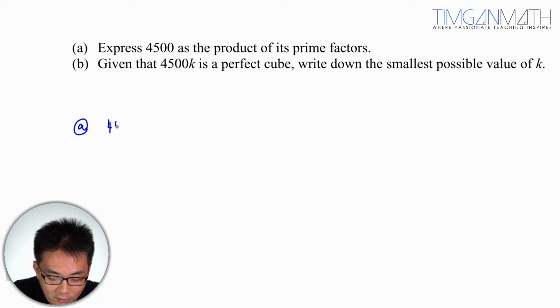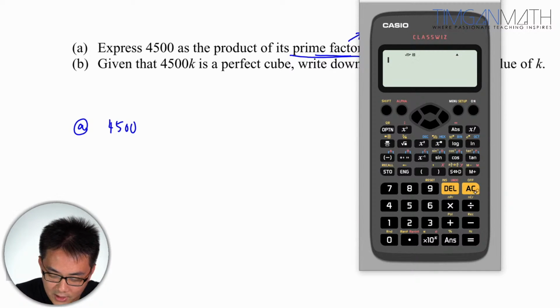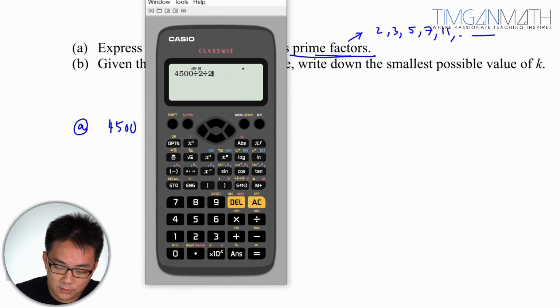So for 4500 as a product of its prime factors, similarly, just list down all the prime numbers 2, 3, 5, 7, 11, and so on. Just list them as such, and afterwards just start dividing. So 4500 divided by 2 is 2250, divided by 2 again is 1125. Then you know that this is no longer an even number, so just stop and cross out 2.